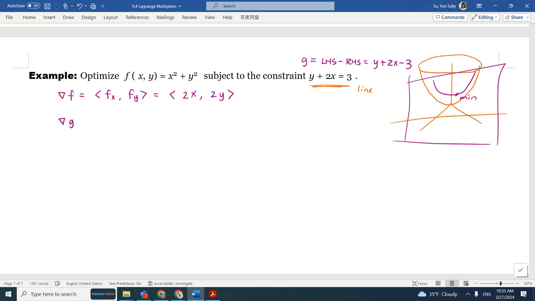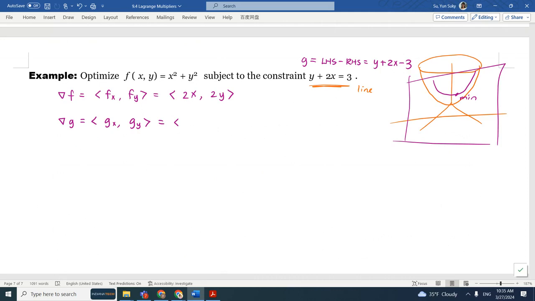So gradient of g is gx and gy, the partial derivatives. What is the derivative with respect to x? Just 2. Yes.